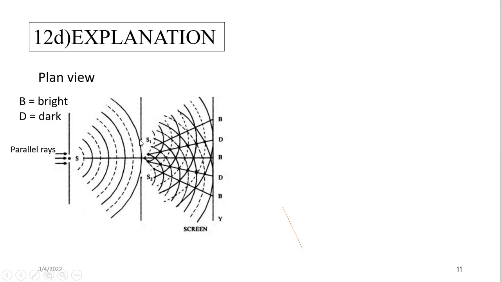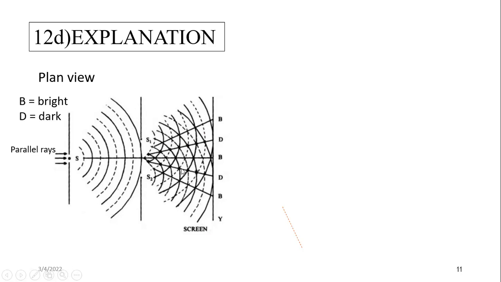The double slits are on the same wavefront. That's how we get it coherent. Then the point sources from S1 and S2 will produce their own spherical waves. This one is from S1, and S2 is this one.